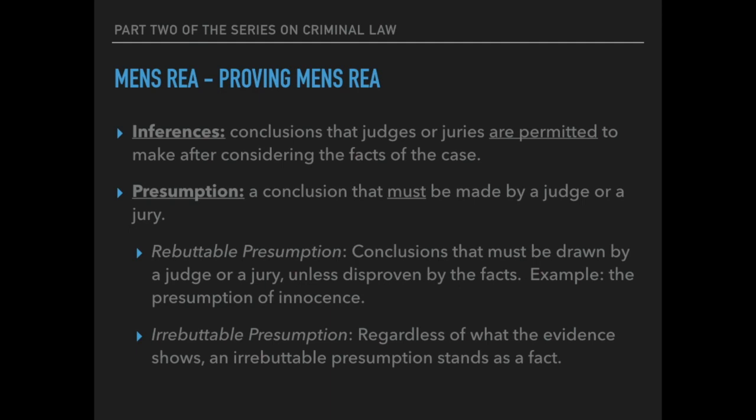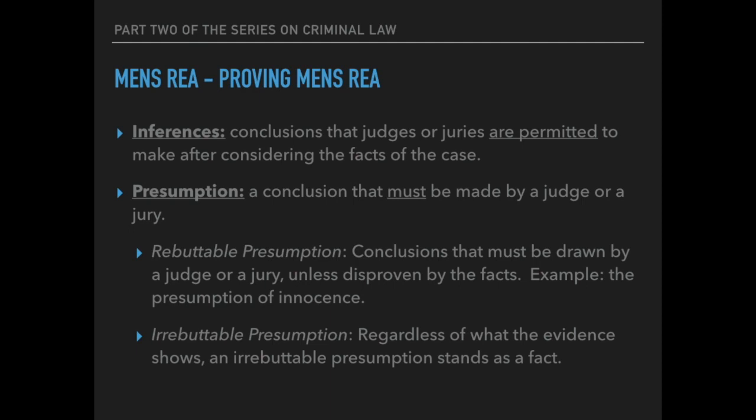And the greatest example, the one that we're all familiar with, is the presumption of innocence. Somebody is presumed innocent unless and until they are proven guilty, right? So the presumption you have to go with is that the defendant is innocent. And you have to think that until the facts show you otherwise. And then you're allowed to rebut that presumption.